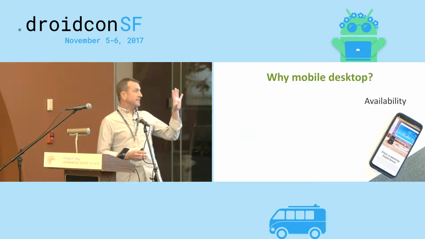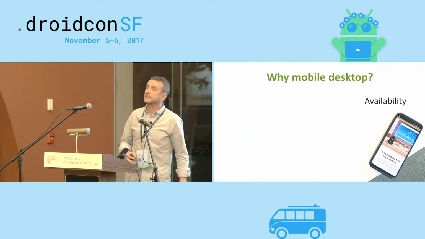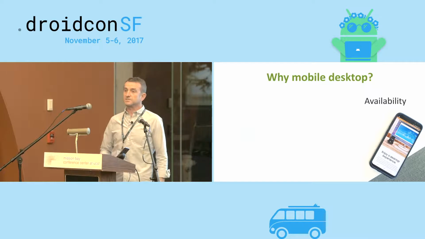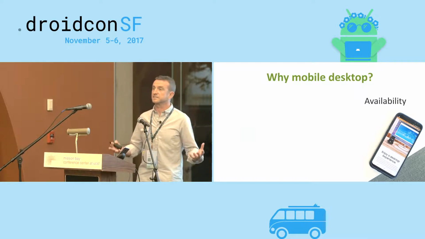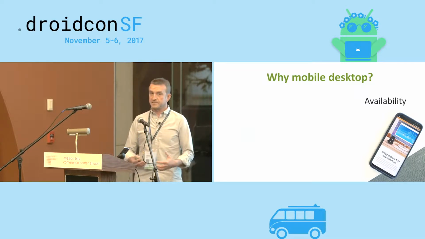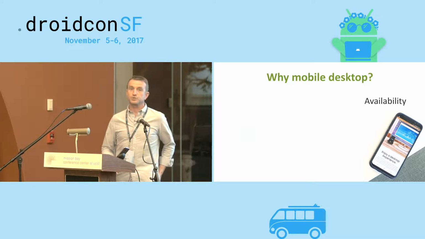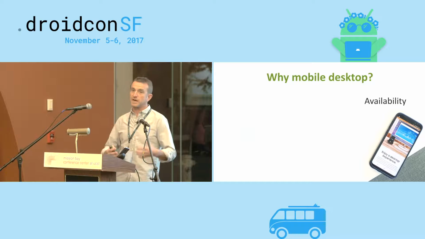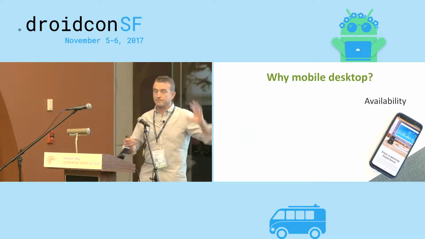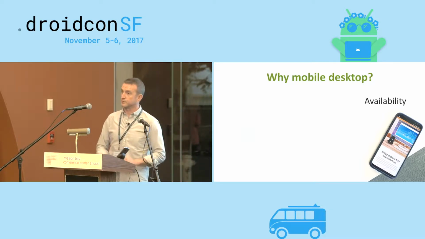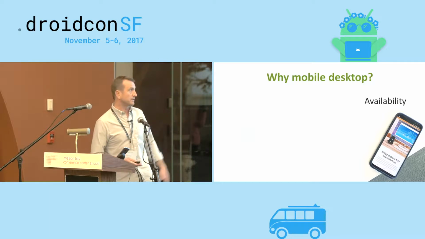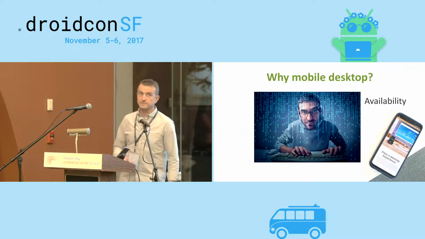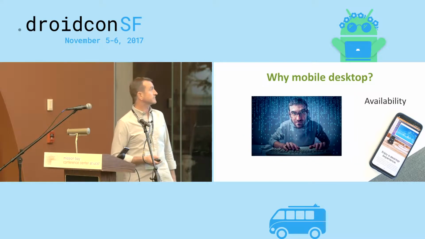But the main reason, I think, why we like our mobile phones so much is because of pretty much instant availability. The moment you need them, you just reach out to your pocket, and here it is, available to take your pictures, to guide you through the map, and do whatever you do with your phones. And it's instantly available. But when you write code, do you actually use your phone?